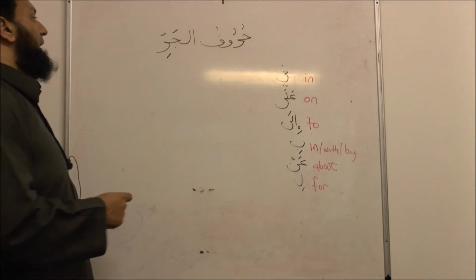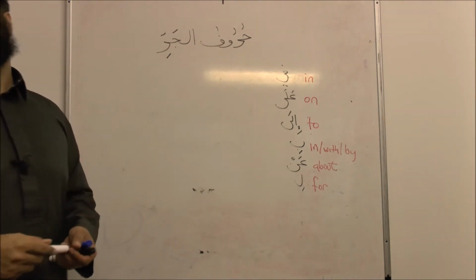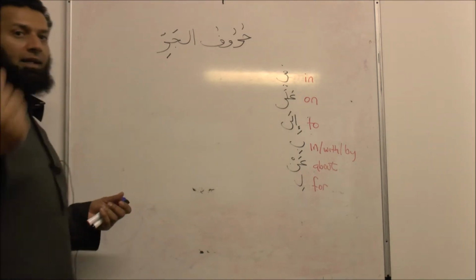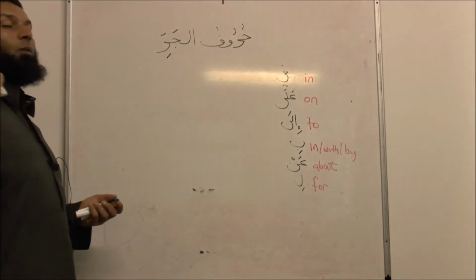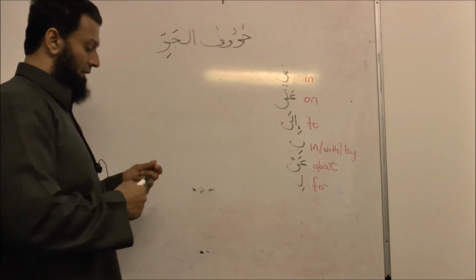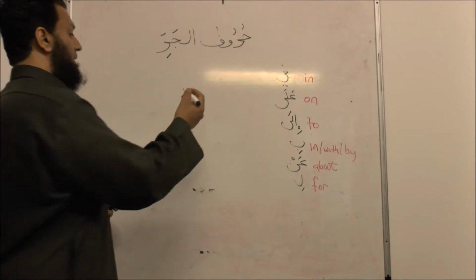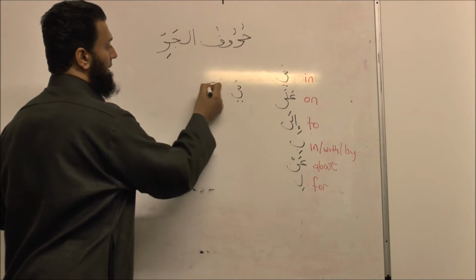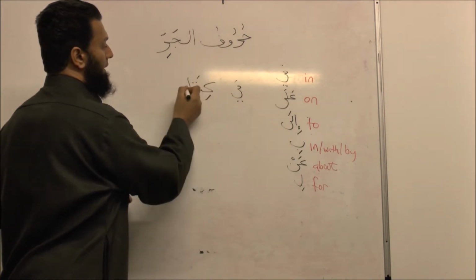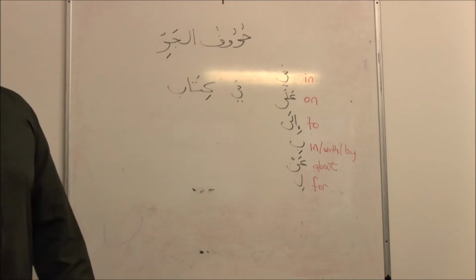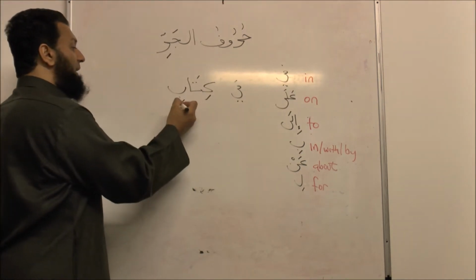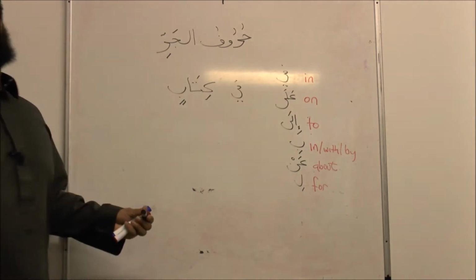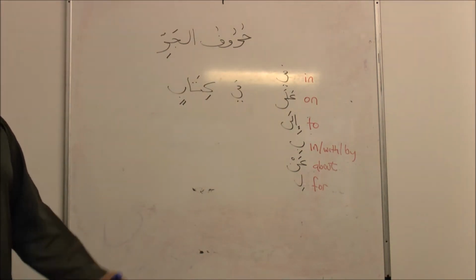Fi is from huruf al-jarr, the letters that drag, which means that when they come before an ismun, they make that ismun majrurun, such as fi kitabin, which means in a book.